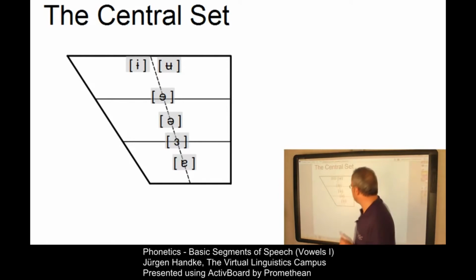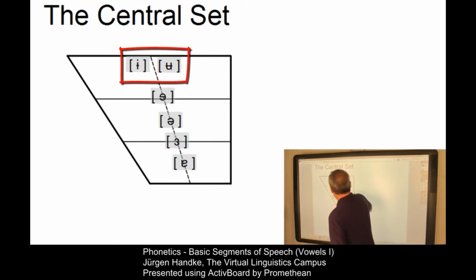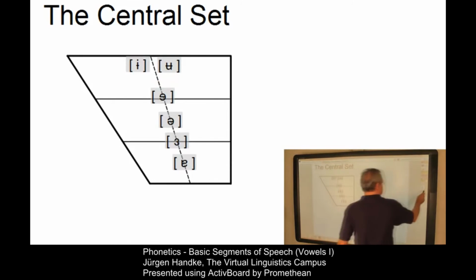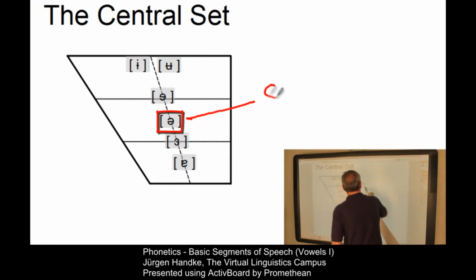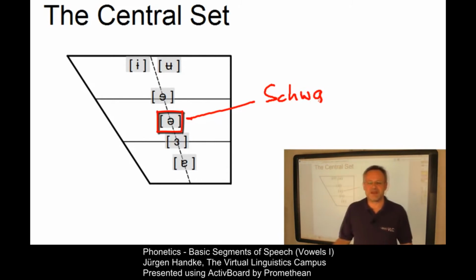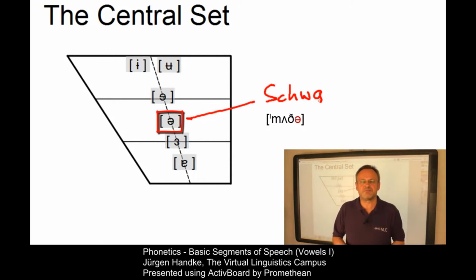The main central vowels are here the two high vowels, mixtures between E, U and U, a fronted U. Here we have, for example, this is an interesting one, the so-called schwa. Now the schwa is the central vowel that exists in many languages of the world, so a vowel like in English, mother, would be a good example.